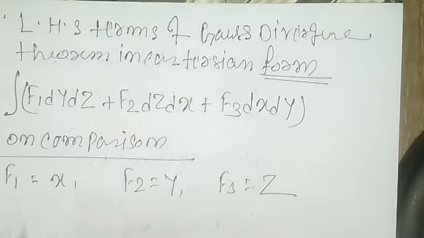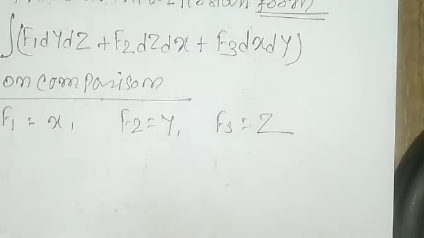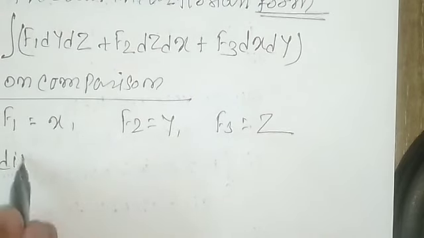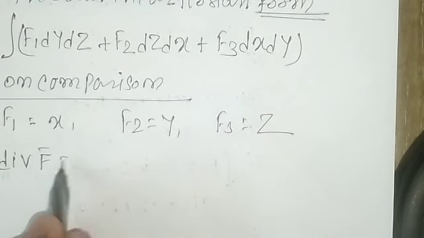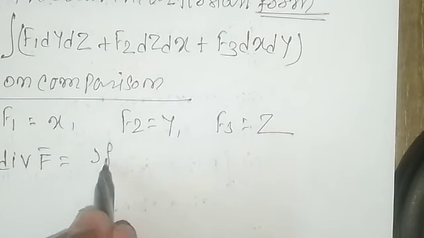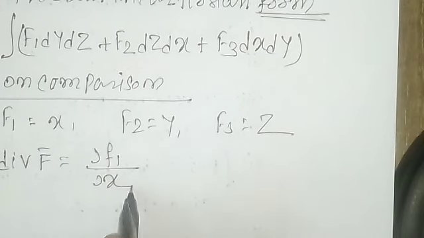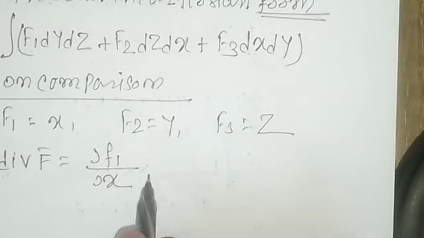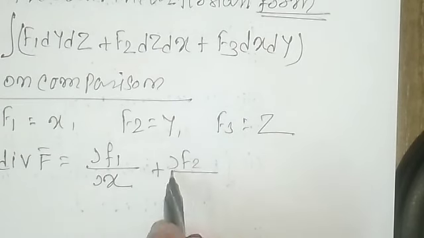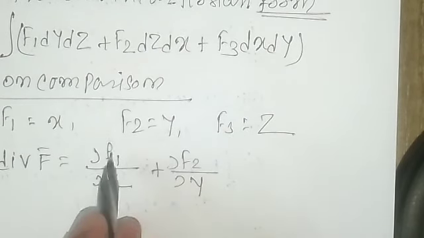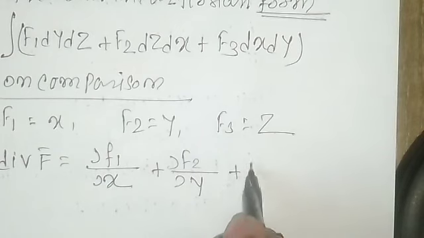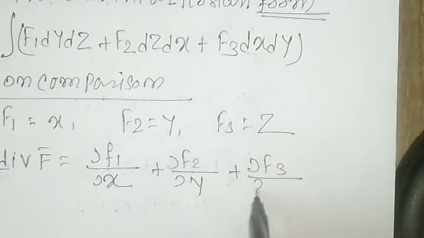Now you can find out the divergence of F. Divergence of F is equal to dou F1 by dou x plus dou F2 by dou y plus dou F3 by dou z.